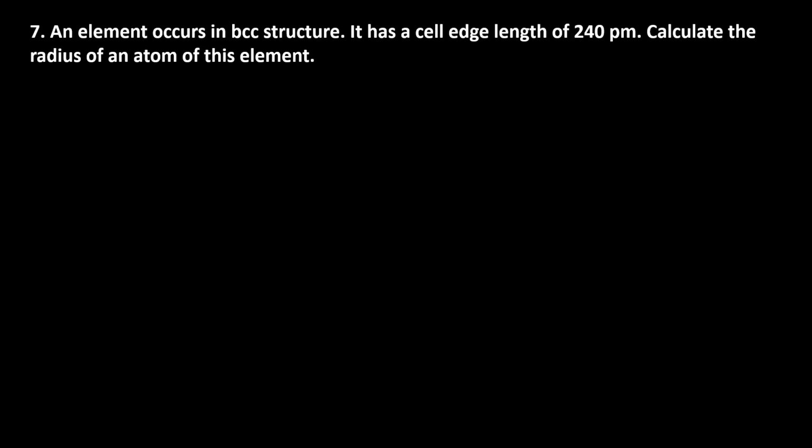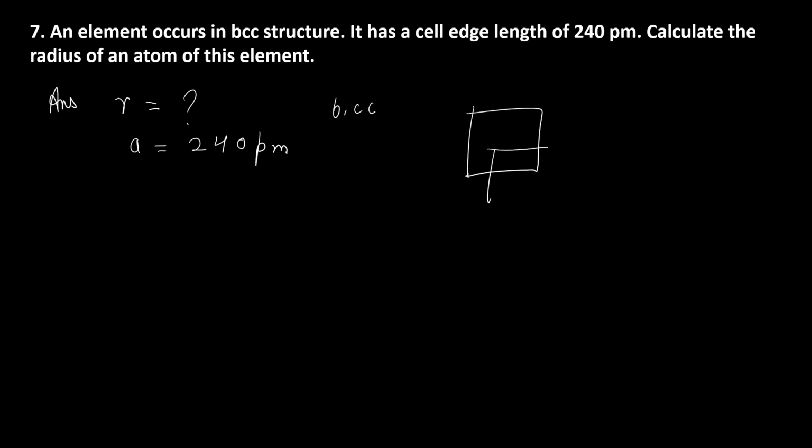Now in this case, you have to calculate the radius of an atom. Edge length is given to you, 240 picometer, and it is also given that the solid is BCC. Now again, BCC solid means atoms will be present at the corners as well as inside the body.